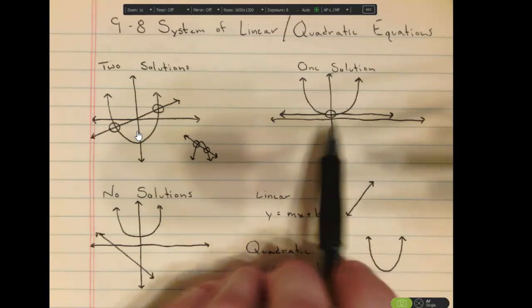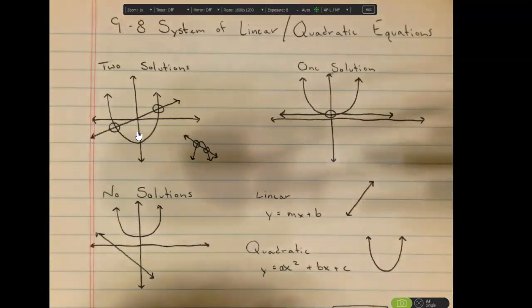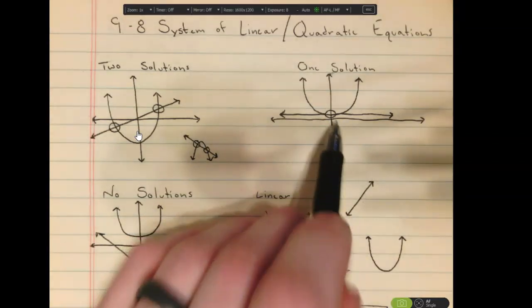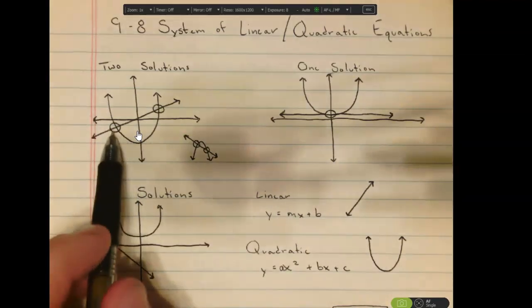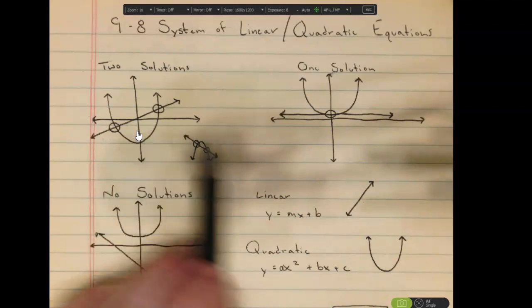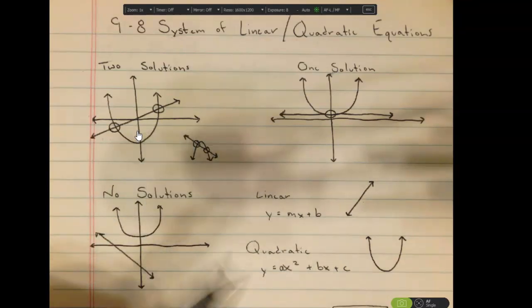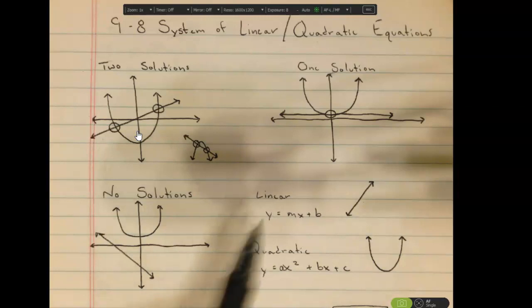They meet at just one spot on the graph, and that one solution is your answer. Much like with two solutions, there are two answers, and those solutions are almost like ordered pairs, like an x, y ordered pair.